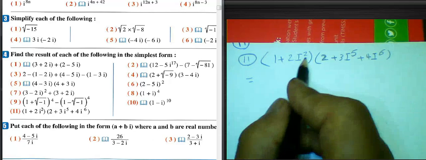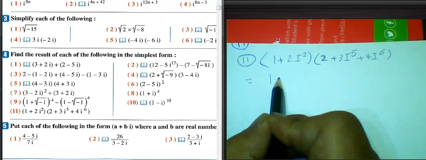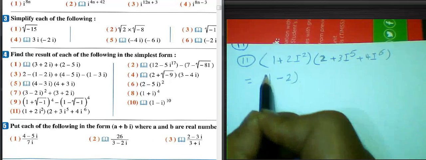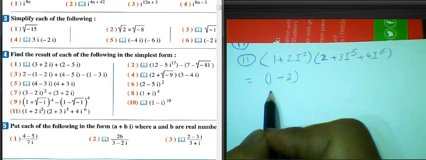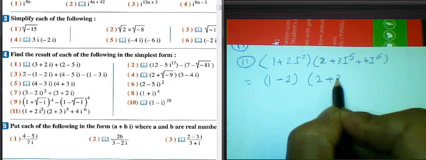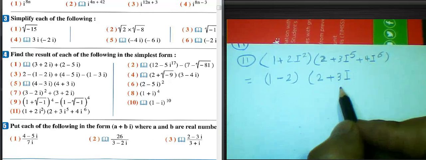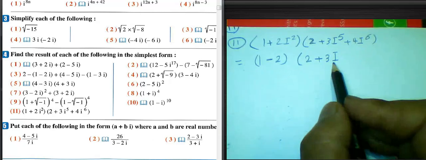We know i power 2 equals negative 1, so the result will be 1 minus 4 plus 4i... Here we write 2 plus 3. i power 5 equals i, because i power 5 equals i power 4 times i, so the result will be i.